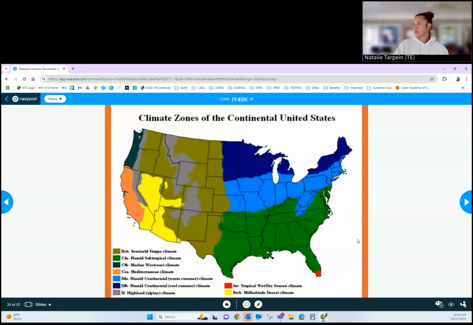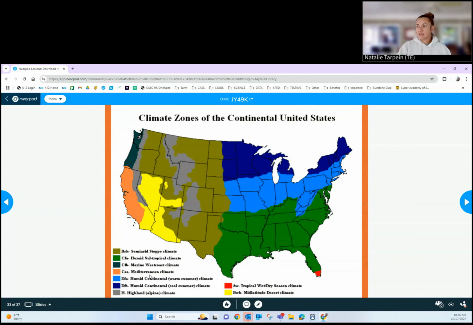And then here's just a nice map showing the climate zones of the continental United States. And so here we are, a big green region, South Carolina, classified as humid subtropical climate. The very, very tip of Florida, the red color, is tropical wet and dry seasonal climate. And then if you look at California, it's mostly orange.